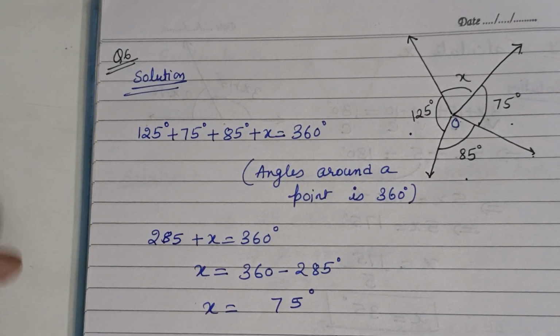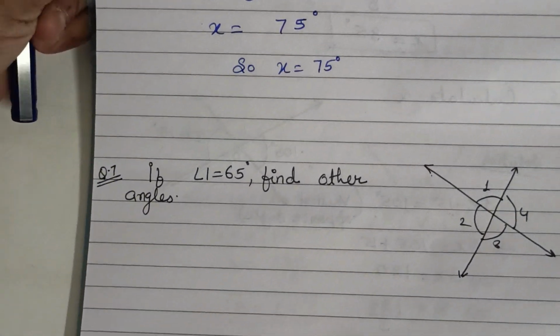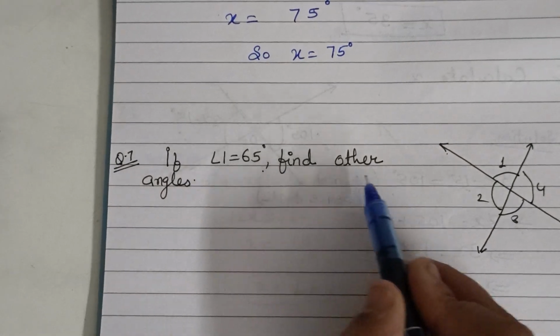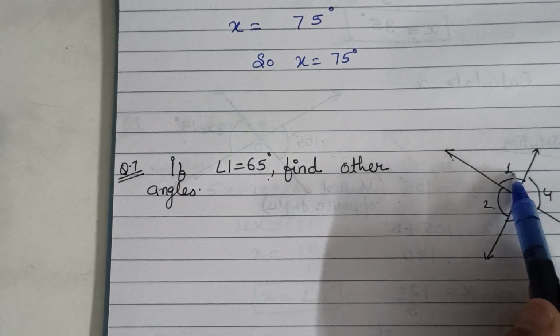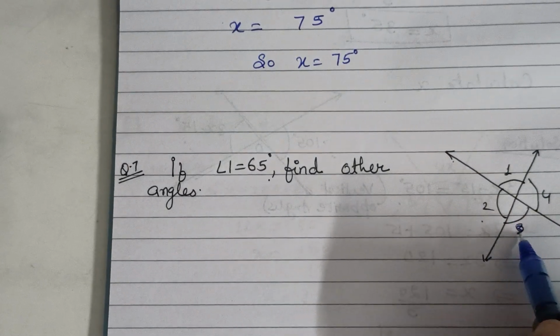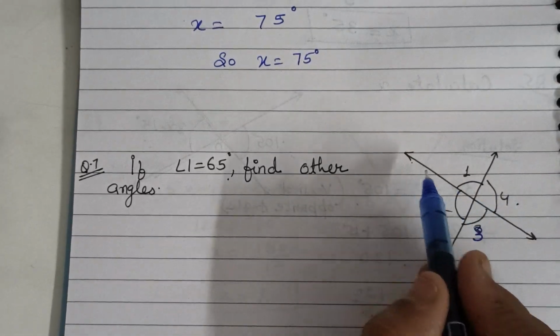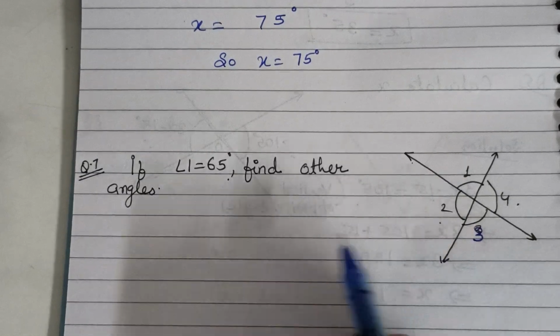Right. Now we are going to move to another question. Here they have said if angle 1 is 65, find all other angles. Here there are 4 angles: angle 1, 2, and this is angle 3 and this is angle 4. These two lines are intersecting, they are forming the X. They are vertical opposite angles, right?